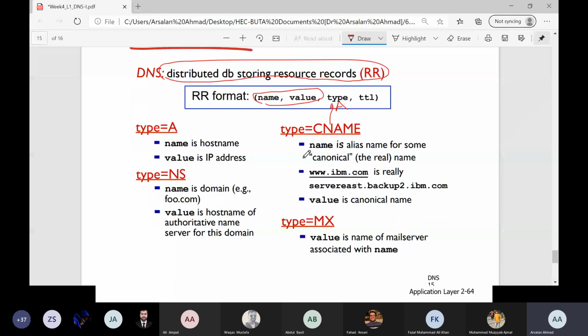Similarly, when the type is NS, the name is a domain name like foo.com or cisco.com, and the value is the host name of the authoritative name server. And when the type is MX, the name is the name of the domain, and the value is the name of the mail server.